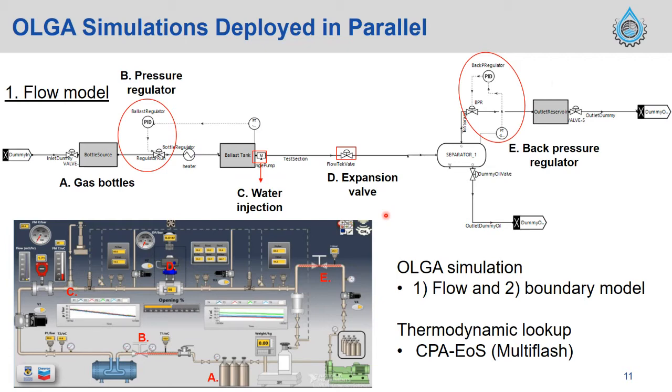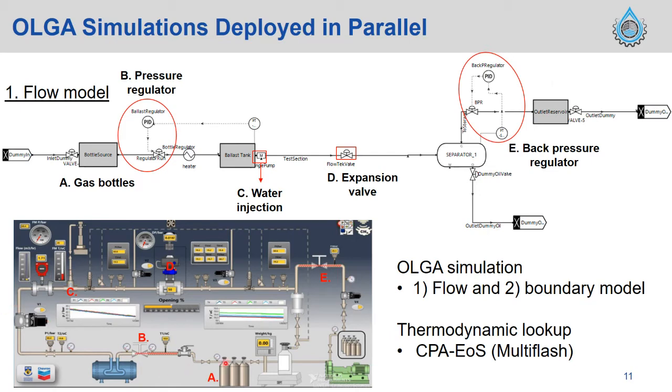As I show you here, we have a gas bottle, and the bottle source is the same here in the OLGA model. The pressure regulator was mimicked with a PID control in the OLGA model. And with the buffer tank, B, there is a water injection, see here.